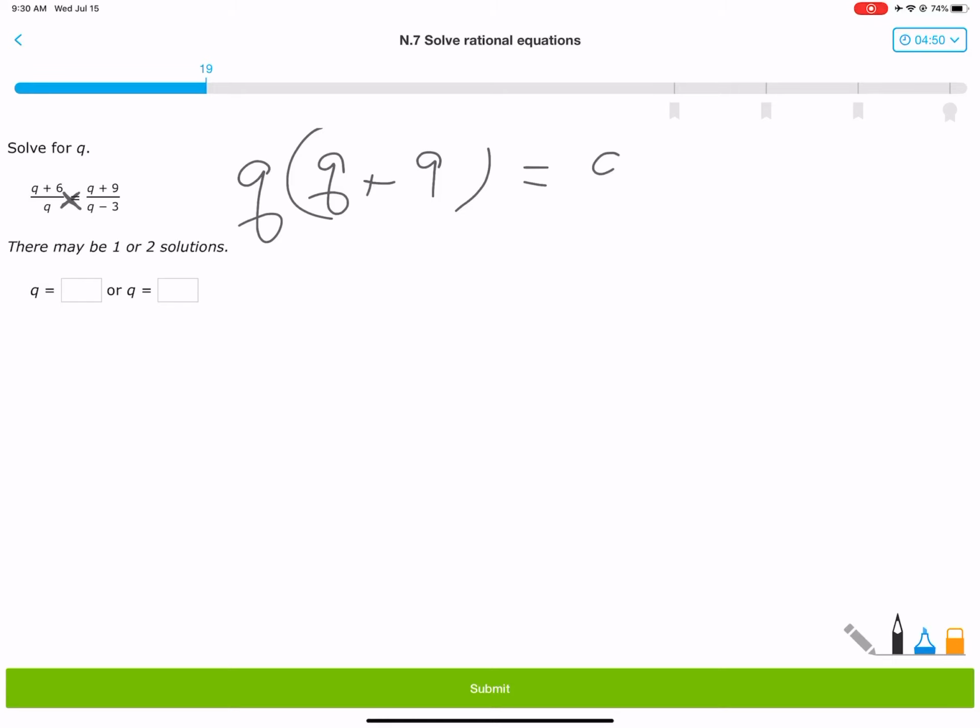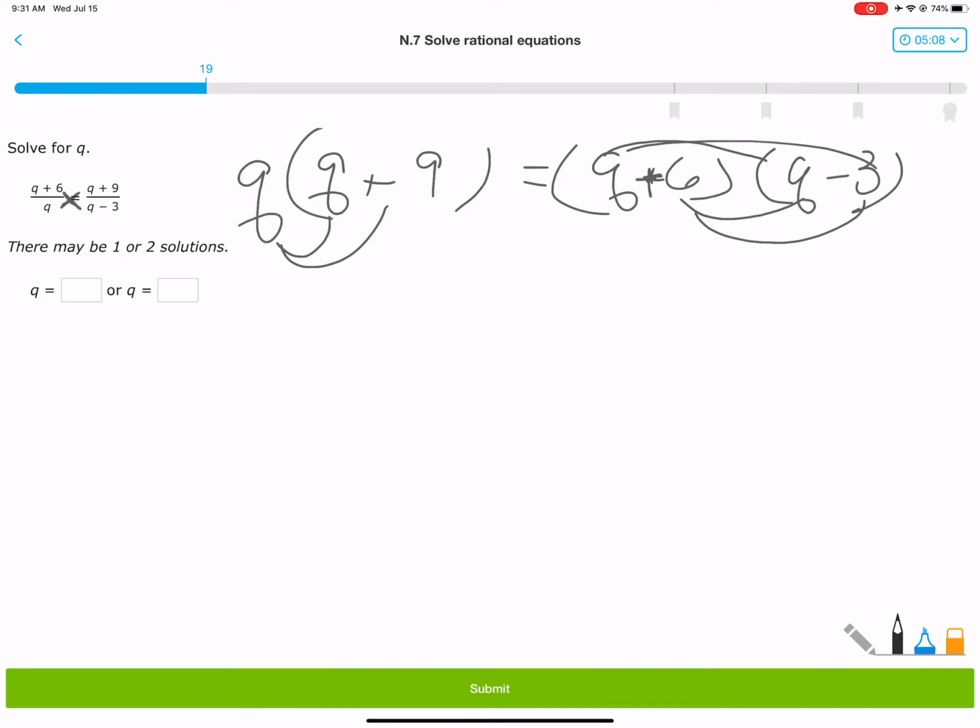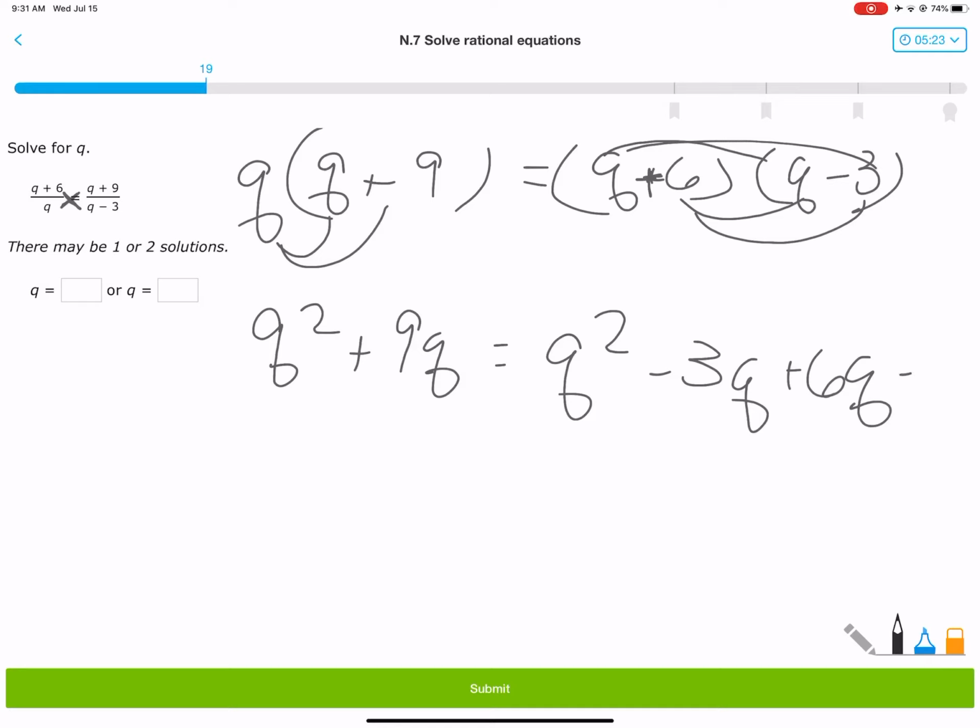So we got q plus 6 times q minus 3. We're going to distribute. So we got q squared plus 9q equals q squared minus 3q plus 6q minus 18.